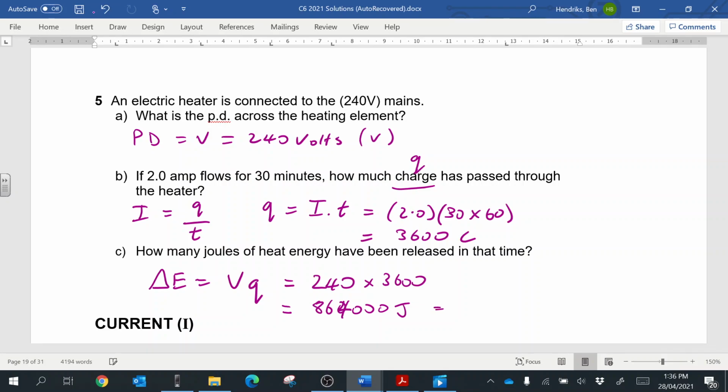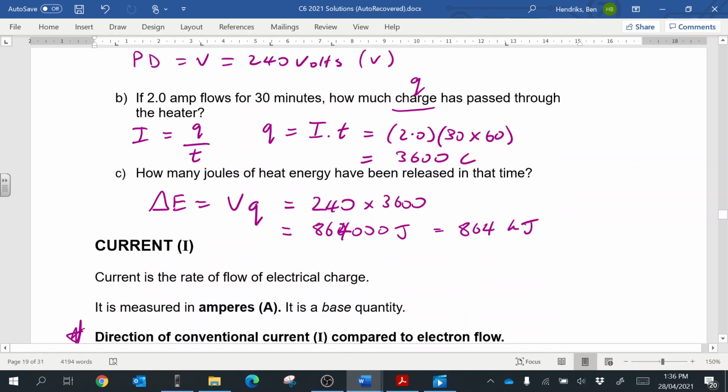That's equal to 864 kilojoules of heat. It's quite a lot.